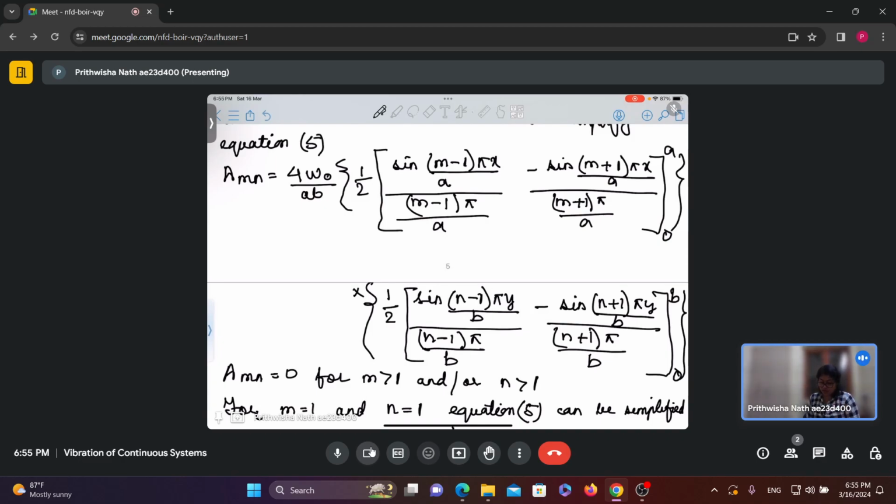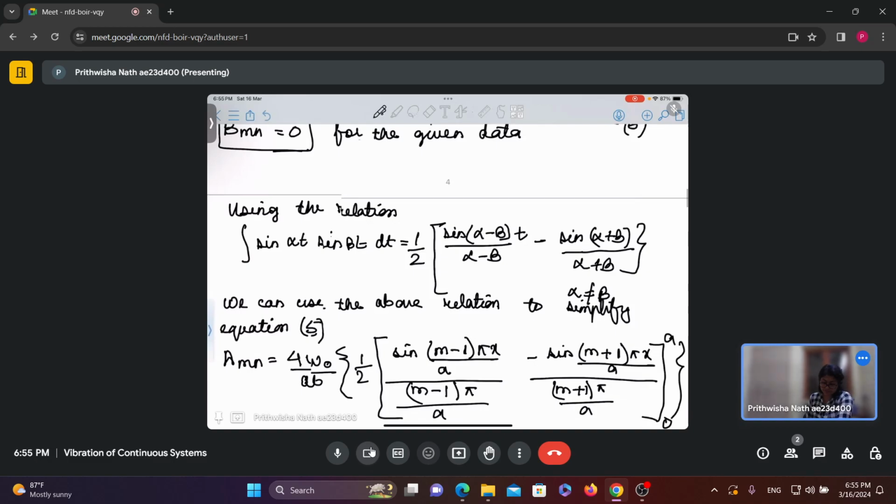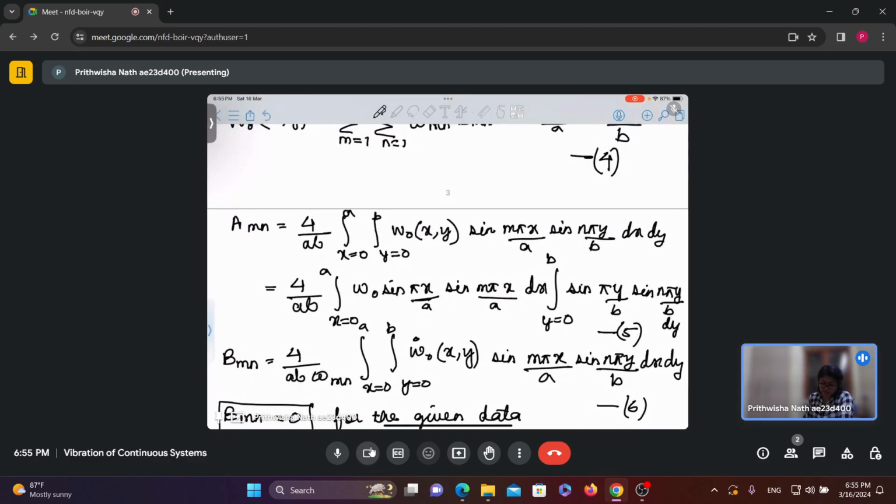For m and n equals 1, we can simplify this equation number 5, as the x term becomes sine squared pi x by a and the y term becomes sine squared pi y by b.